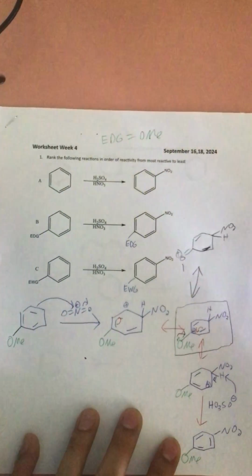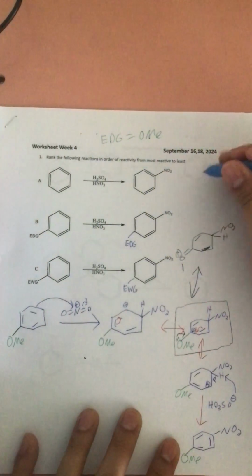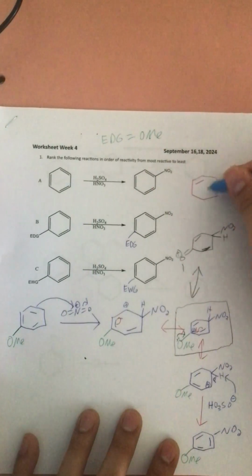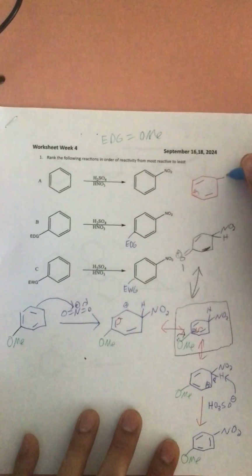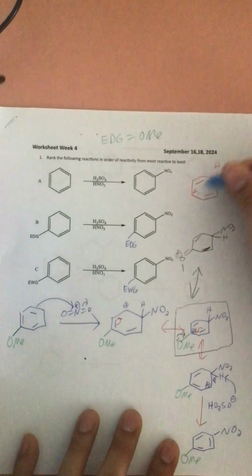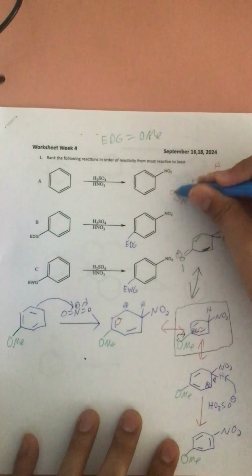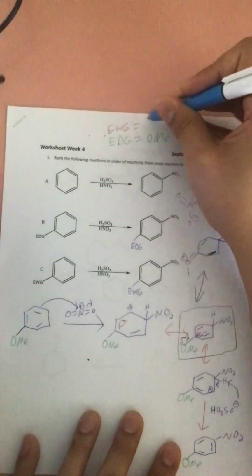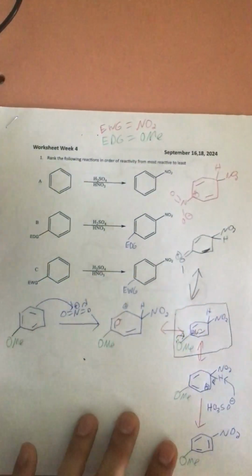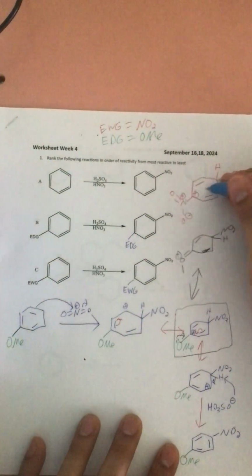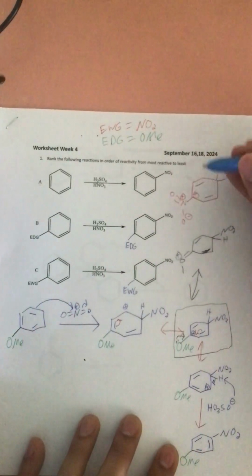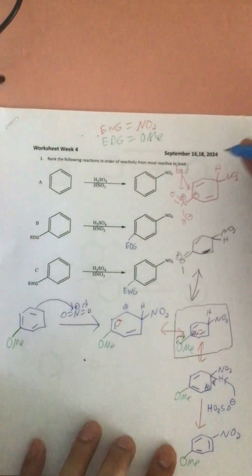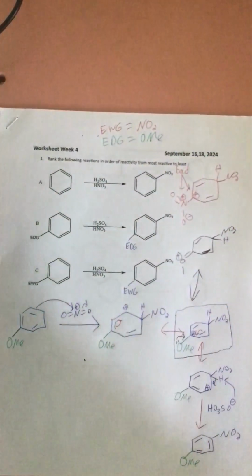If I draw the corresponding one with an electron withdrawing group, use nitro, what you see is you put two positive charges next to each other. That's bad. That raises its energy.